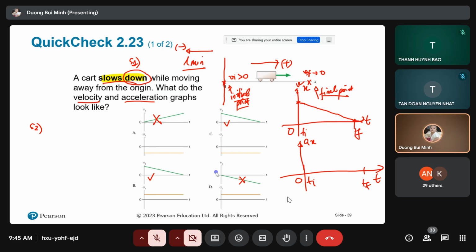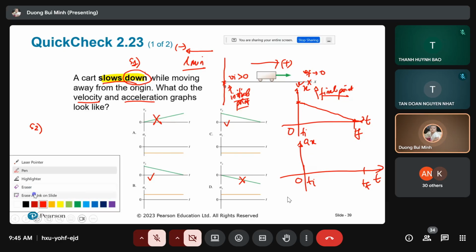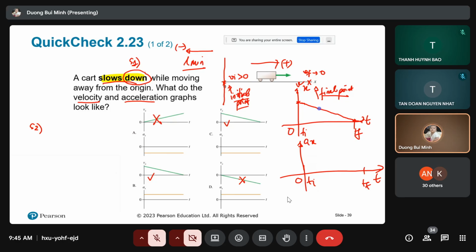Because this is slow down, if we consider this slope, Ax must be like this. If Ax is like this, that means it comes to the fourth quadrant.